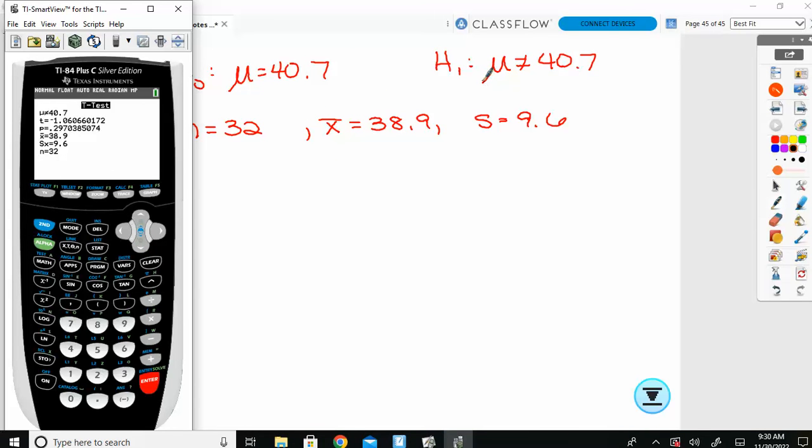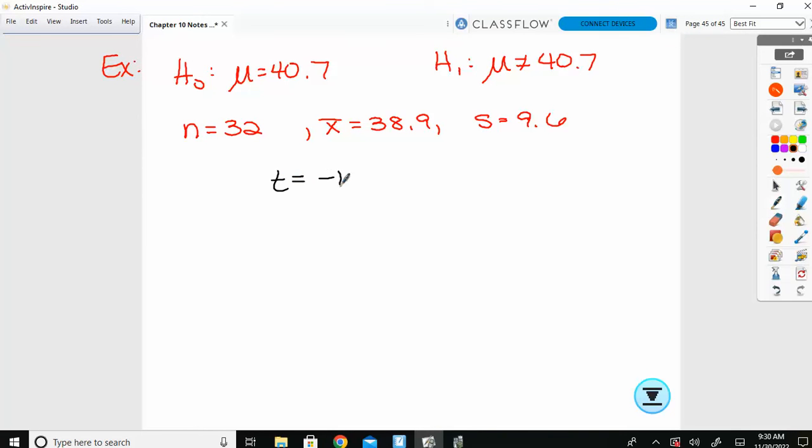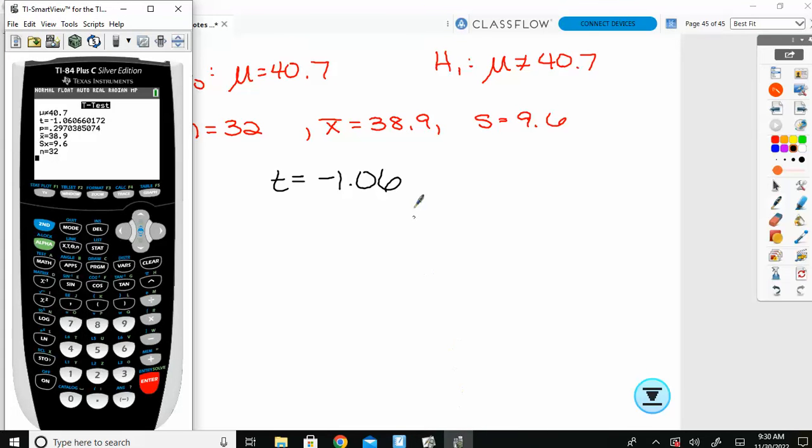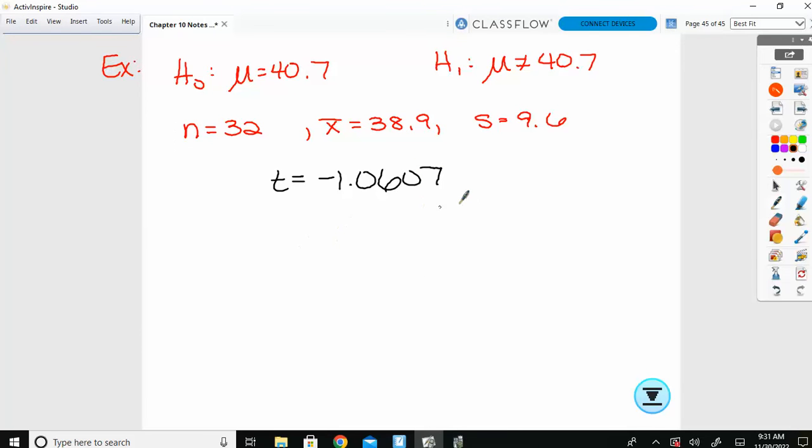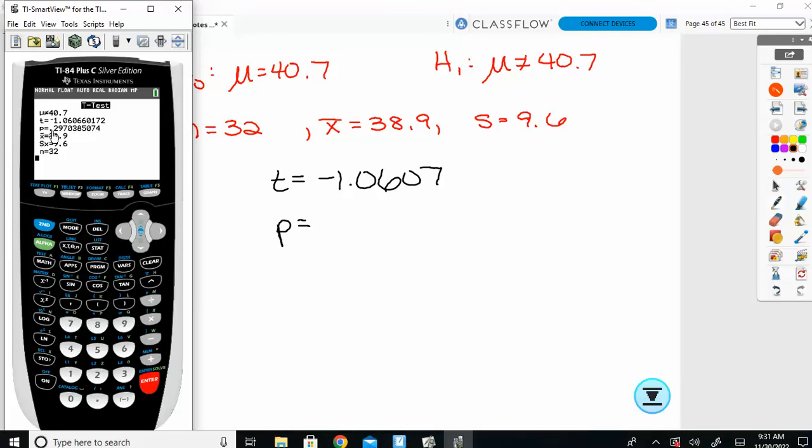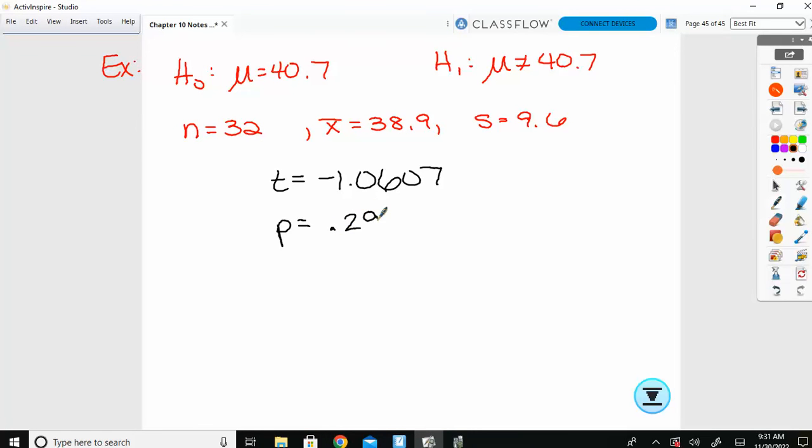And calculate. What I would expect you to write down is the mean and alternative, which we did, and the t value, negative 1.0607 or negative 1.061. And then the p, the probability of that, is 0.2970.